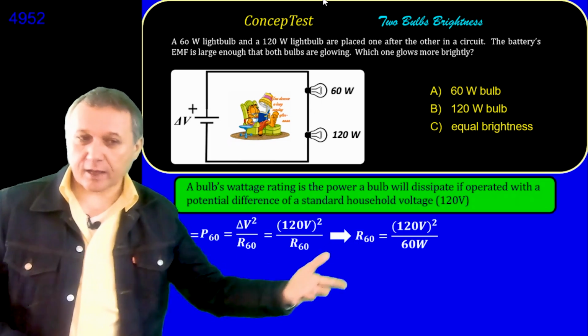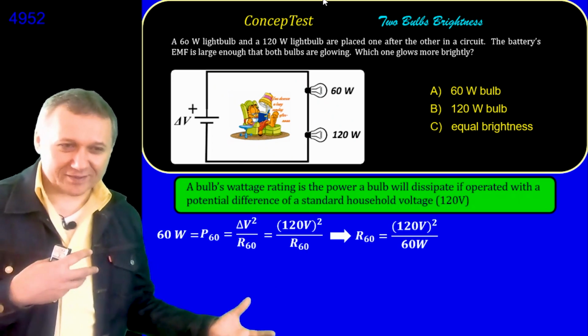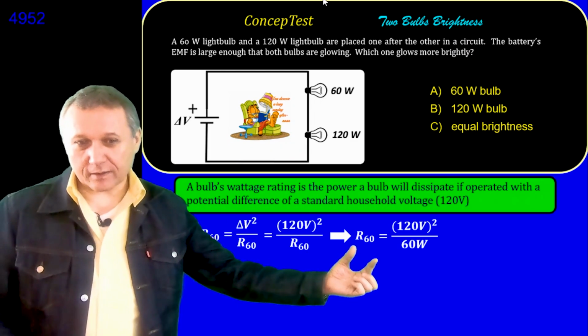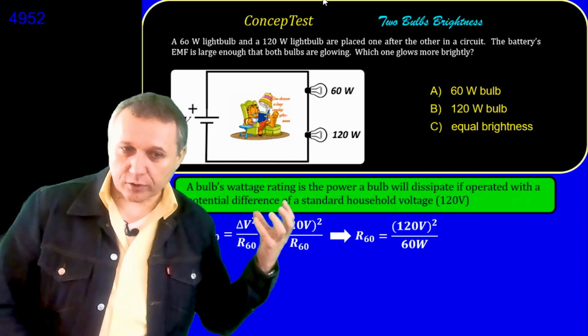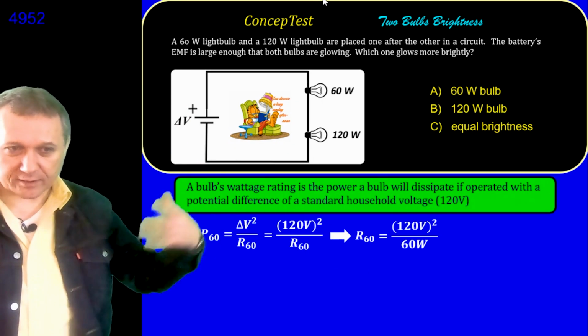Of course, you can actually calculate it. I didn't, because we just want to compare which one is brighter at the end. That's how I can get information about the true intrinsic parameter of the bulb.